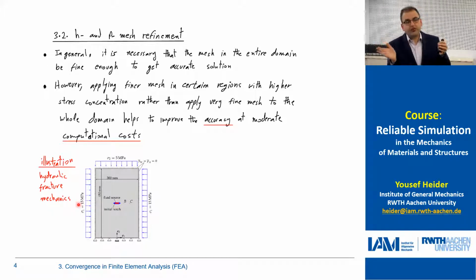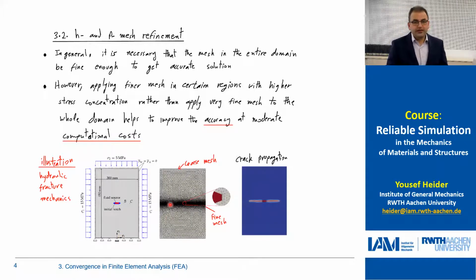The crack will be associated with stress concentration, where we would need more, finer elements. But far from the crack, for instance here and maybe at the bottom, we don't have a crack. We would have purely elastic behavior, so we would not need a fine mesh. What we do here is choose a coarse mesh far from the region of interest, and we apply a very fine mesh at the place where we expect the crack to propagate.